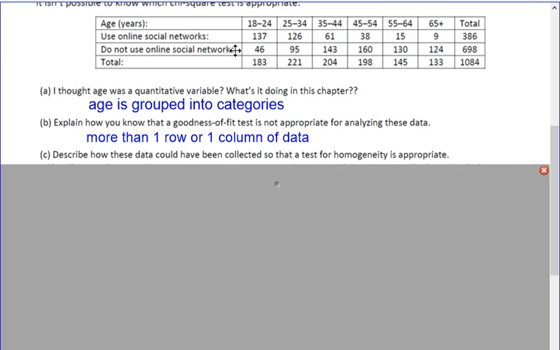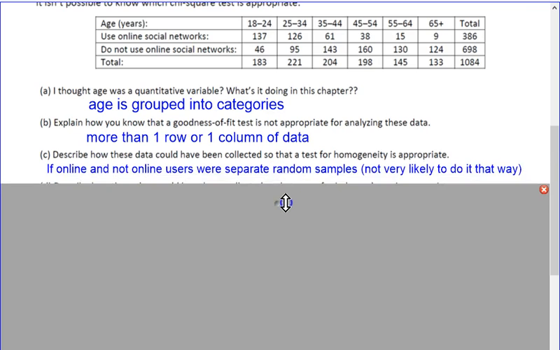That would be hard to do, actually, I think. And then randomly selected from that group and wrote down their age and put them in categories. That would be a way to do a test of homogeneity. And you would say, is the distribution of ages the same for those who use social networks and those who don't? That's how you would ask the question. But it would probably be really difficult to collect the data that way.